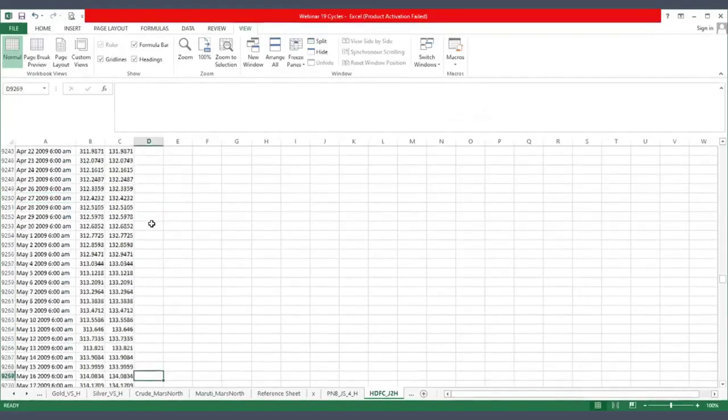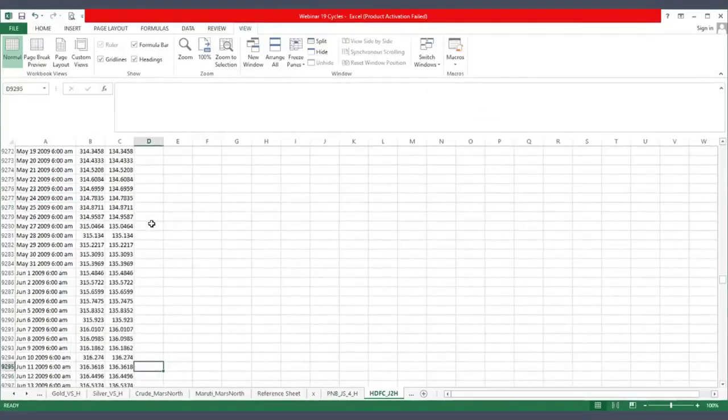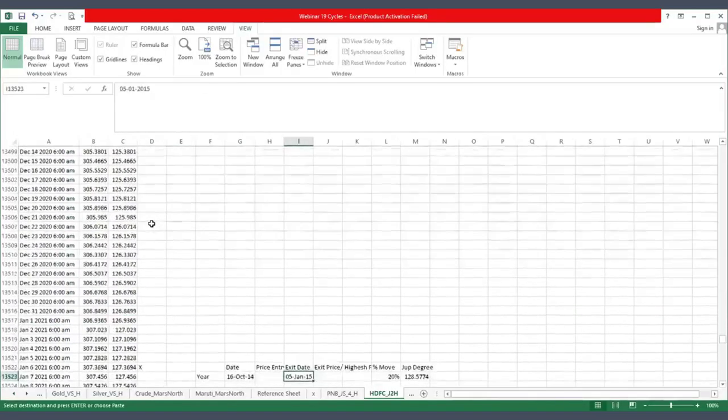6th of June is 135.92 degrees of Jupiter.